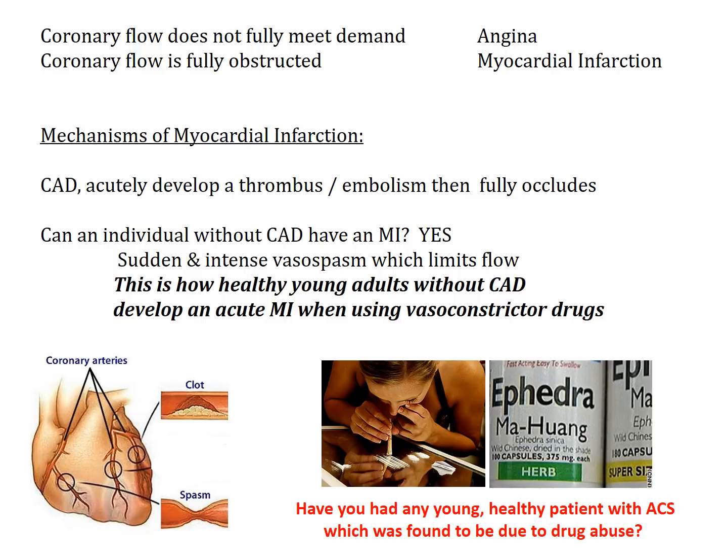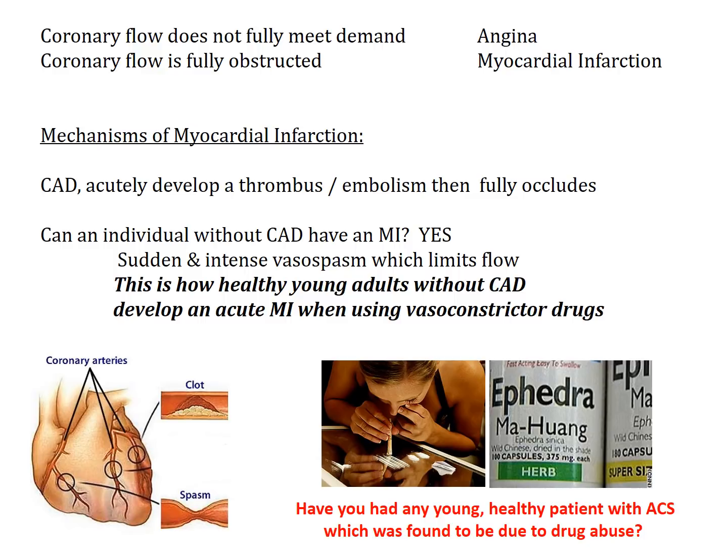I personally saw a couple of teenagers with MIs and a couple of teenagers with cerebral ischemia due to use of Ma Huang. As I recall, in all of those cases, it was either somebody trying to lose weight or a young athlete trying to enhance athletic performance.